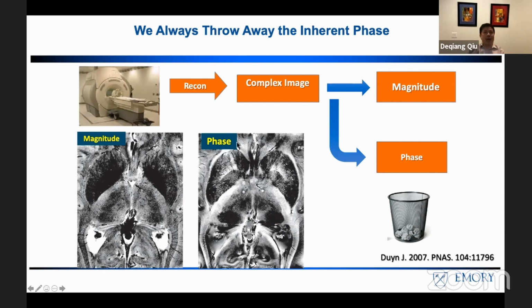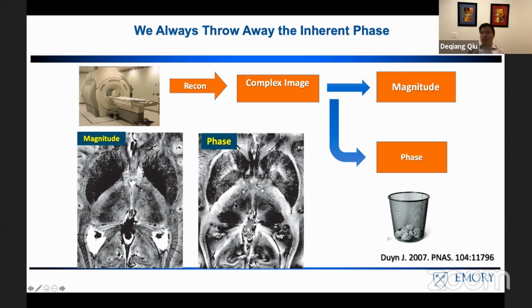And you can see after some processing, the phase images actually show some anatomical details that are not easily visible in the magnitude images, such as the boundary between the globus pallidus and the putamen, as well as these mammillary tracts that are clearly visible on phase images, but not so clearly visible on magnitude images.